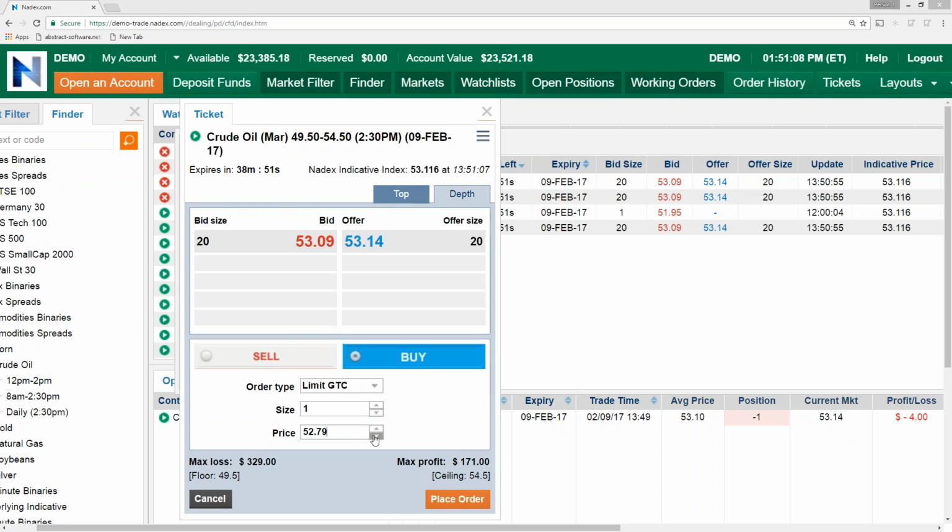So now I have a resting bid at 52.5. How much money will I make in the spread if I get filled at 52.5? Well, 53.10 was my entry price. 60 cents, $60, right?